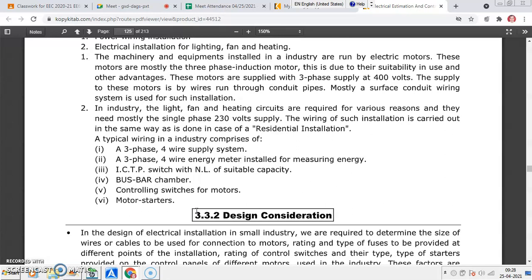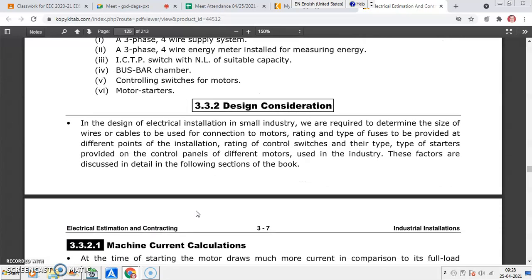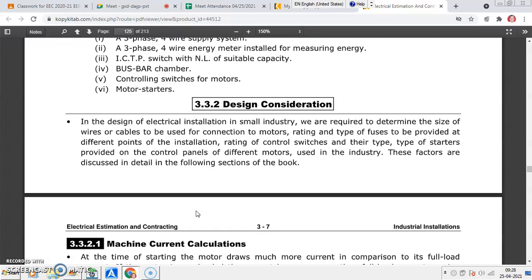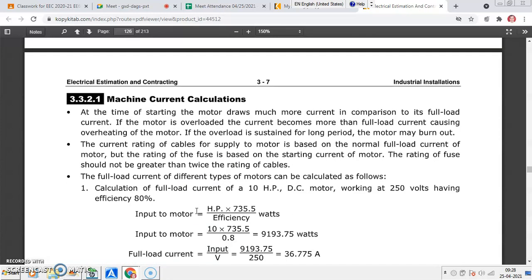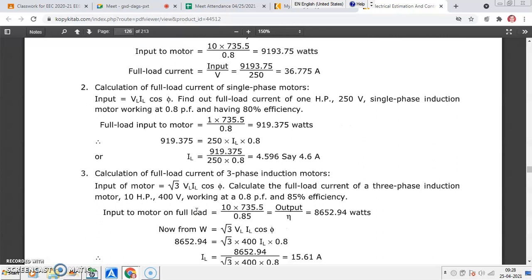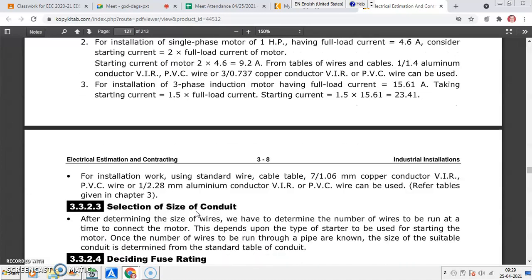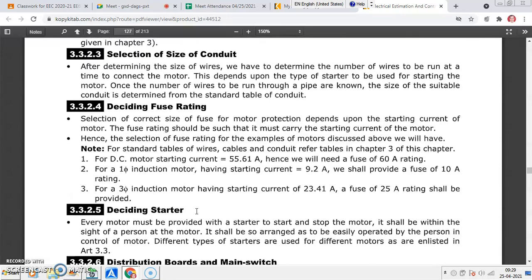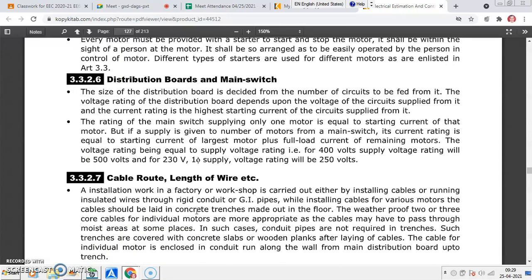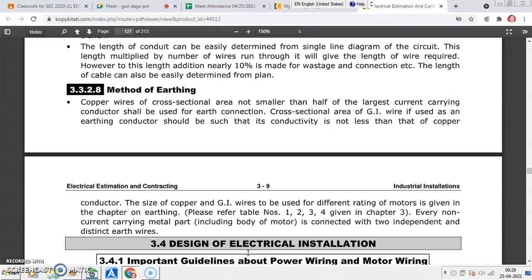power load, lighting and fan load, then design calculation, particularly the selection of size of starter, fuse, wire, full load current calculation, starting current, selection of a particular wire or cable for the installation, selection of conduit, selection of fuse rating, distribution boards, route diagram, length of wire, method of earthing.